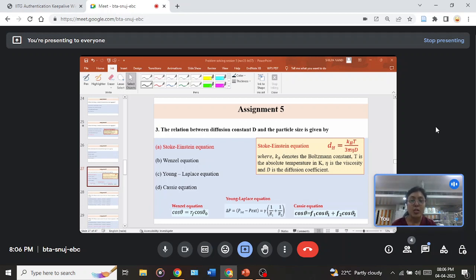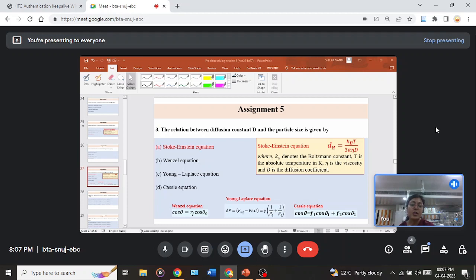Option C, your Young-Laplace equation. Again, this particular equation we studied in our week 3 course content. It is given as delta P is equal to P internal minus P external is equal to gamma times 1 by R1 plus 1 by R2. Gamma is your interfacial tension, R1 is the internal radius and R2 is your external radius.